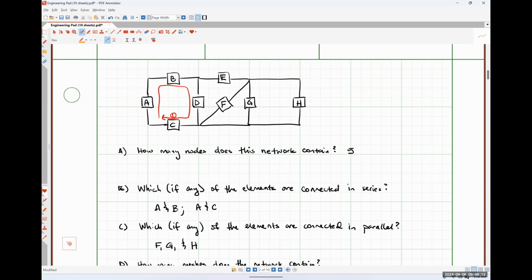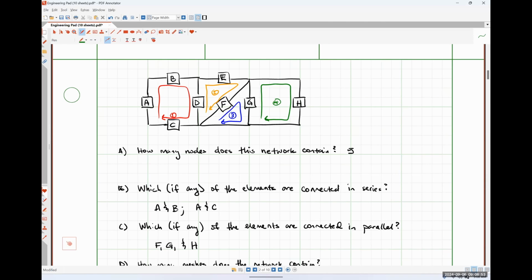We have this left middle triangular looking mesh where D, E, and F form a closed loop. So let's call that one 2. We have this triangular loop around F and G. So let's call that one 3. And then lastly, we have this rectangular loop or square loop or whatever, around G and H. So 4 different meshes.